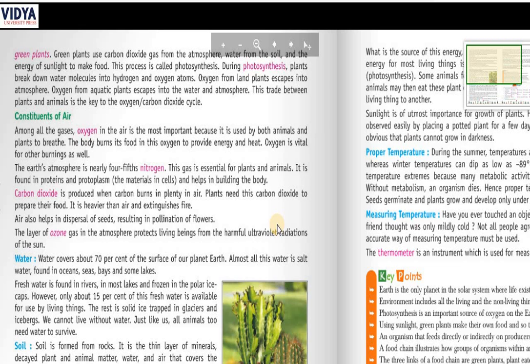So we can see that we and green plants are balancing the use of oxygen, because we need oxygen and we exhale carbon dioxide, and green plants need carbon dioxide and they give out oxygen. So we are together making a balance in the environment.